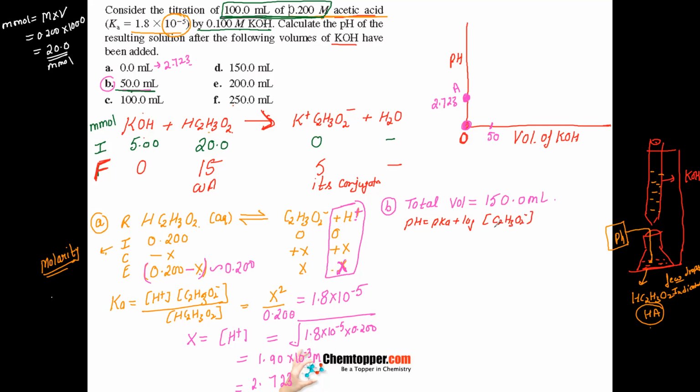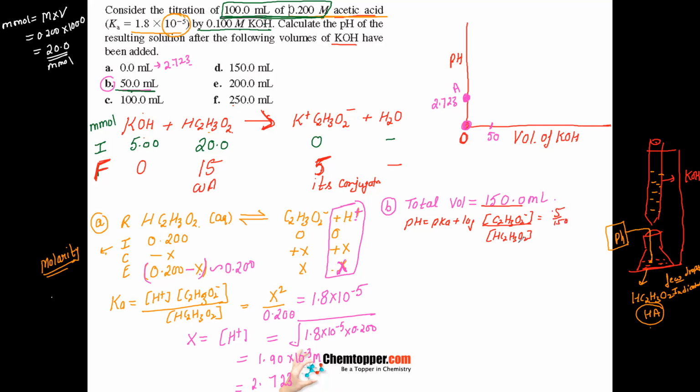C2H3O2 minus over concentration of the acid. To know the concentration, I'll take these millimoles. If I want to convert this into concentration, I'll take the millimoles and divide by 150. So I'll take this as 5 divided by 150.